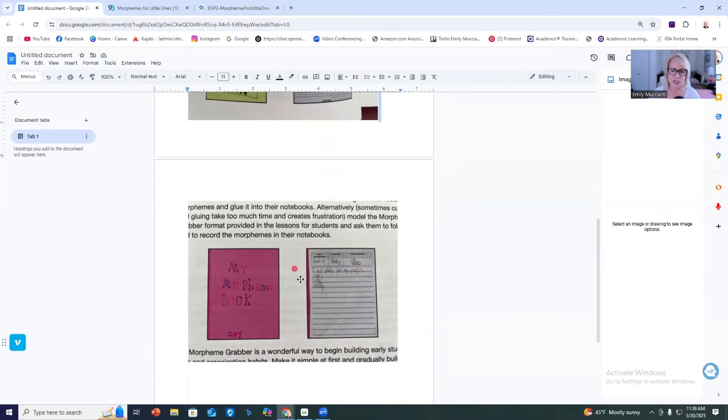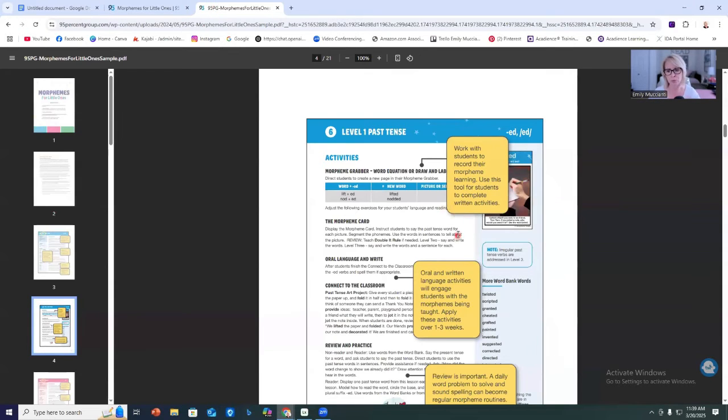And at some point she even says you can start using composition books or spiral notebooks if you would like for that at a certain point when they get a little more advanced.